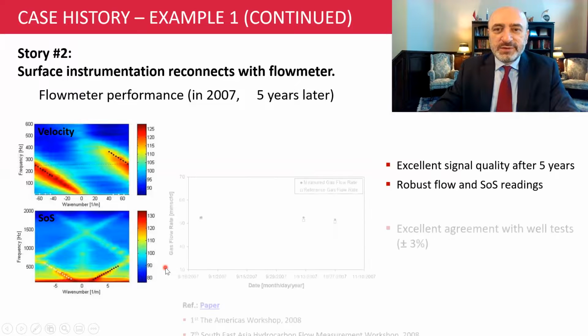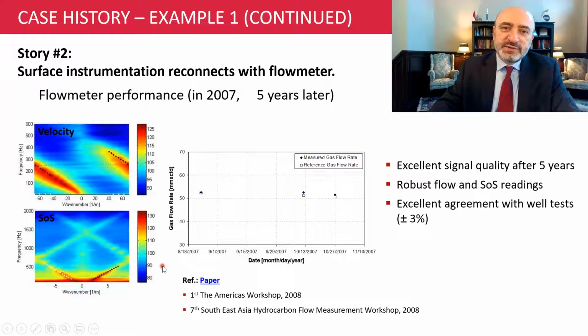So we can also compare the gas flow rates from the flow meter and the test separator data. And when we compare those data sets, we have seen that the agreement was within plus minus 3%.